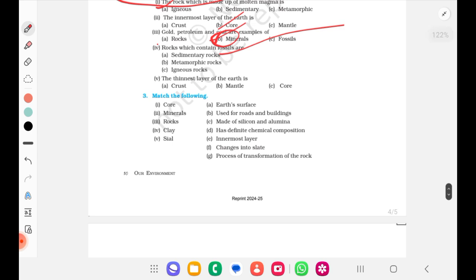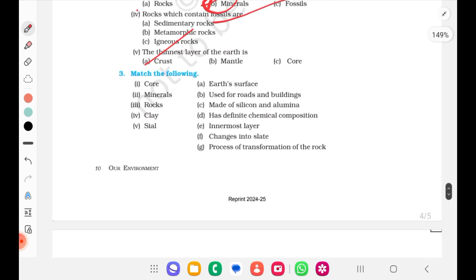The thinnest layer is the crust. Minerals have a definite chemical composition. What is a rock? Rocks are used here also. Earth surface. Fine. We'll see.